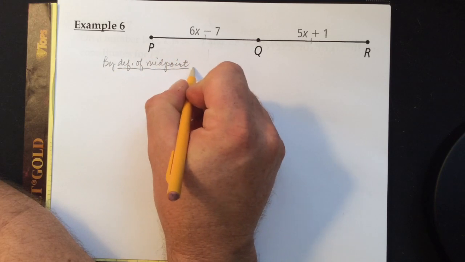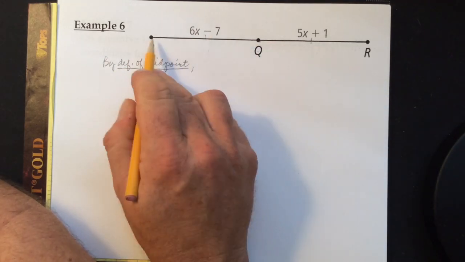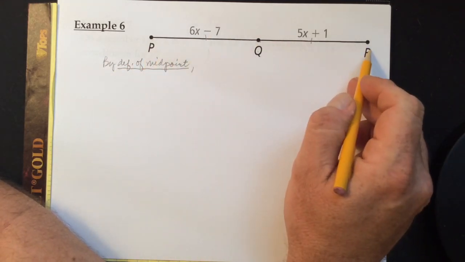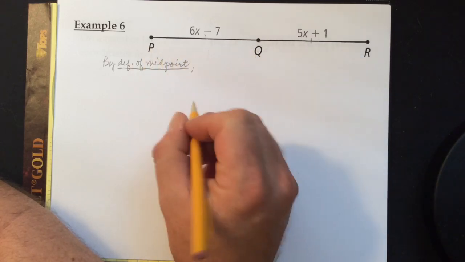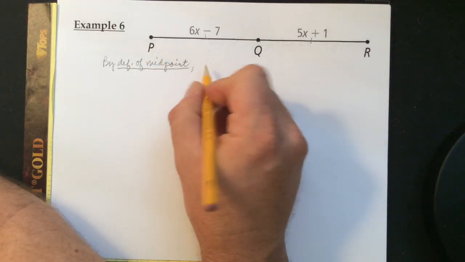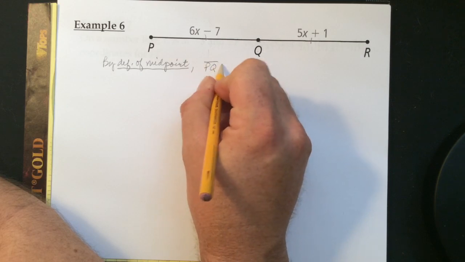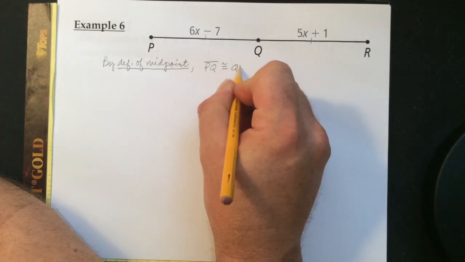it tells us that the midpoint cuts this PR into two congruent segments, PQ and QR. So by the definition of midpoint, PQ is congruent to QR.